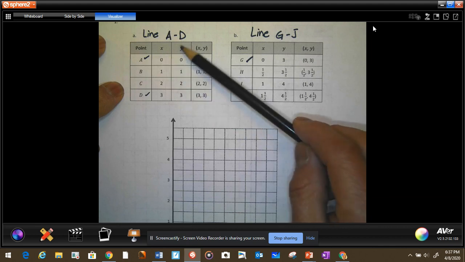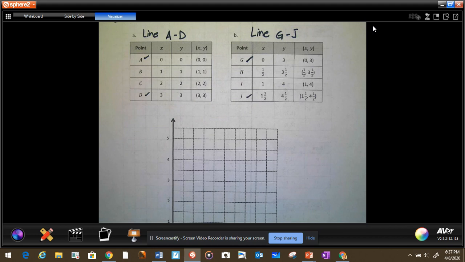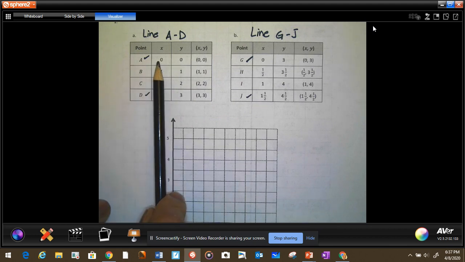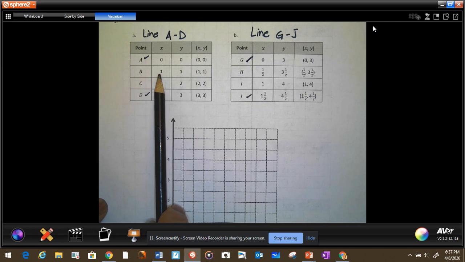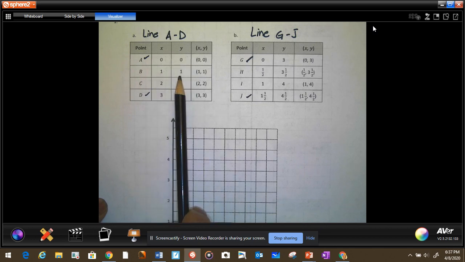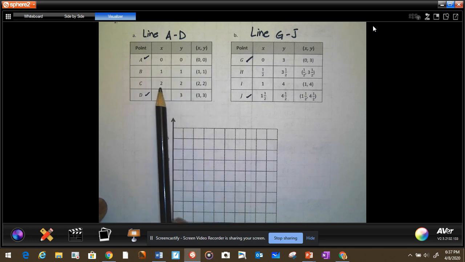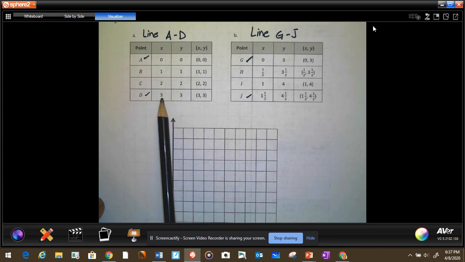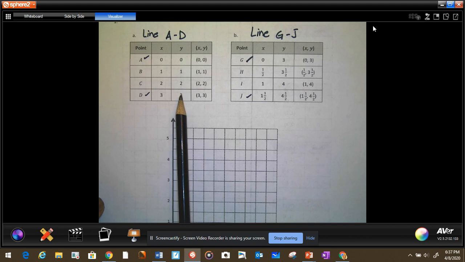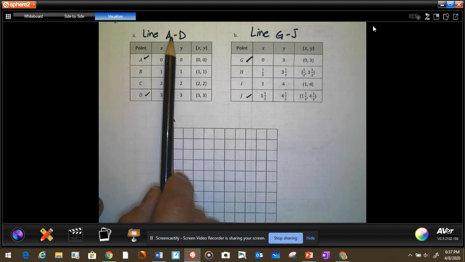So x and y have the same value. When x is 0, y is the same value. When x is 1, y has the same value. They're equal. When x is 2, y has the same value. And when x is 3, y has the same value. This is only on line AD.